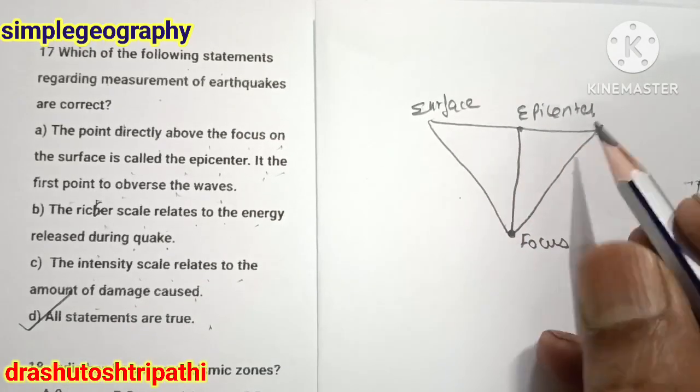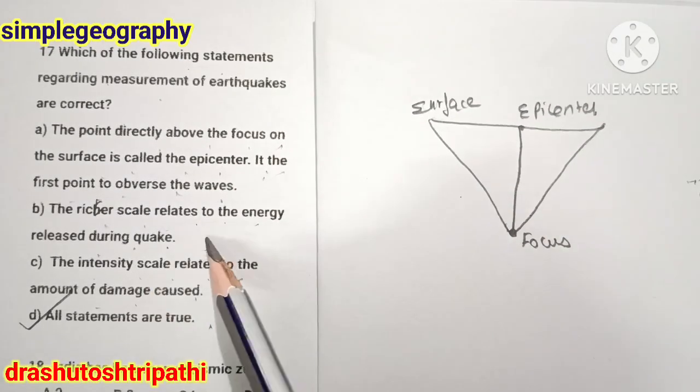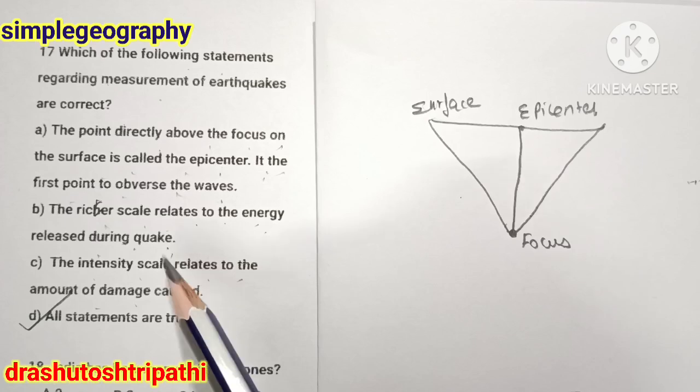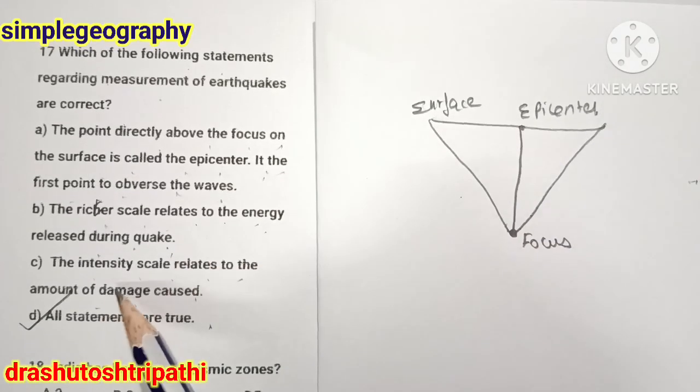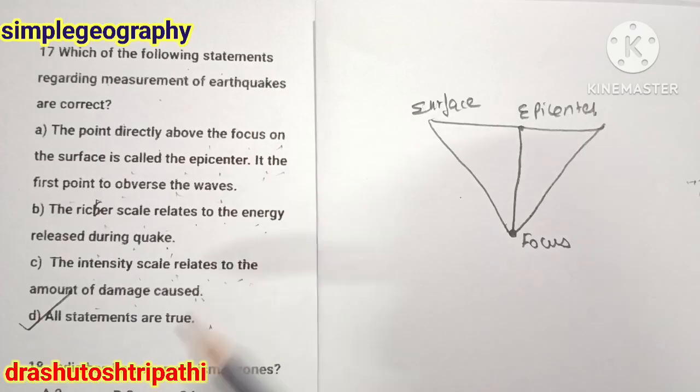So that statement is correct. The Richter scale relates to the energy released, that statement is also true. The intensity scale relates to the amount of damage caused, that is also true. It means all the three statements are true regarding this question.